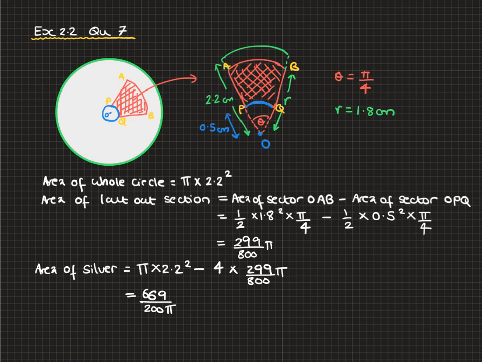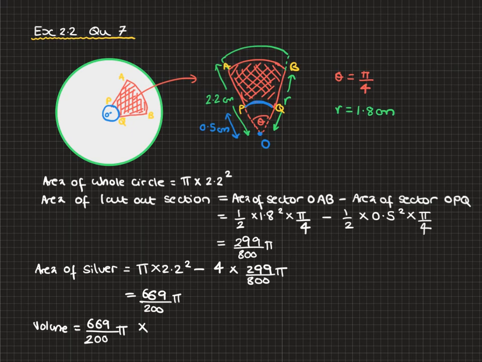But the question actually asks us about the volume of silver in the brooch, and we know the brooch is 1 millimetre thick, so the volume is equal to the area of the cross section multiplied by the length or the depth of the brooch, which is 1 millimetre.